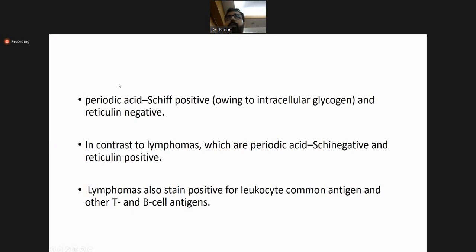This is the point that differentiates Ewing sarcoma from lymphoma, which is PAS negative while reticulin positive. So immunohistochemically you can differentiate lymphomas from Ewing sarcoma, and lymphomas have more immunohistochemical markers like leukocyte common antigen and T and B cell antigens.